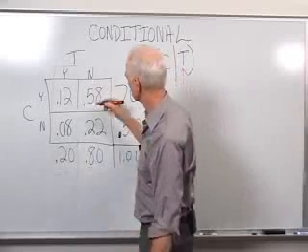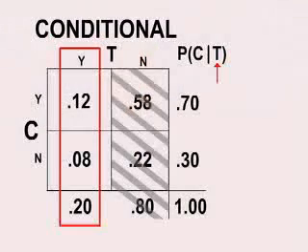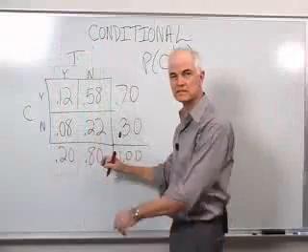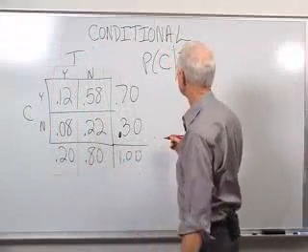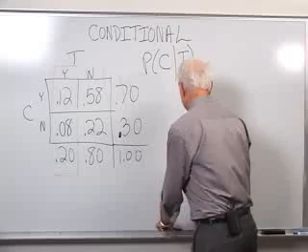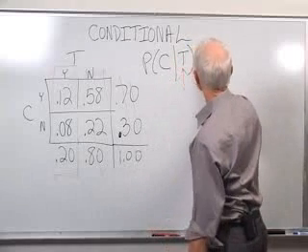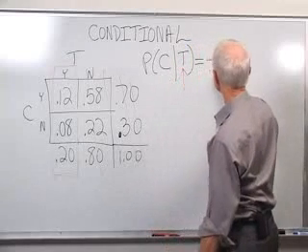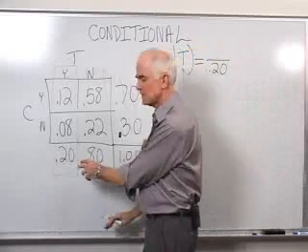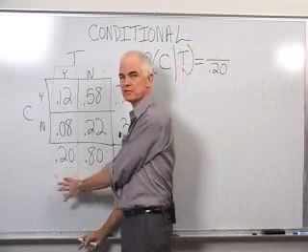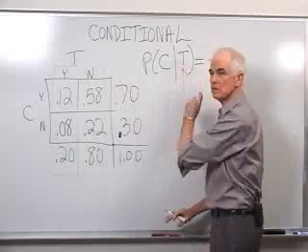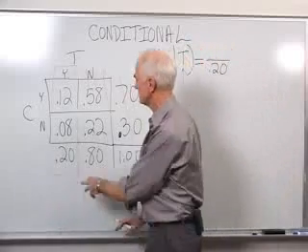In effect, we could cross out the rest of the matrix. It doesn't really matter. This is the only part that matters anymore. So when we go to solve for this probability, we know that our denominator is going to be 0.20 because only 20% use public transportation, and we already know that our person uses public transportation.